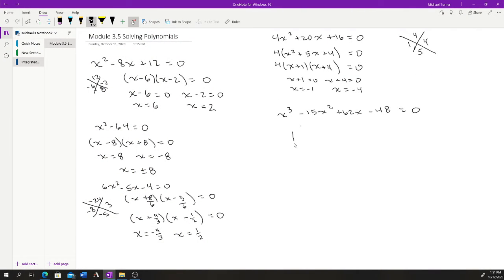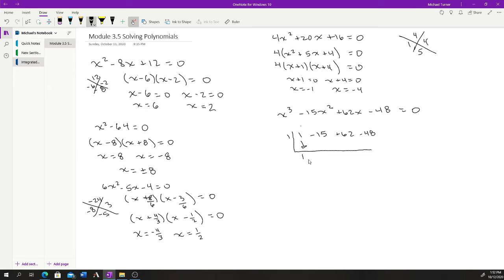I'm going to start out with just a positive 1 because I know 1 is a factor. So I'm going to write 1 on the outside. Remember, you write your leading coefficients. So 1, -15, positive 62, -48. Okay. So the first one, you always bring that down, whatever the leading coefficient is.